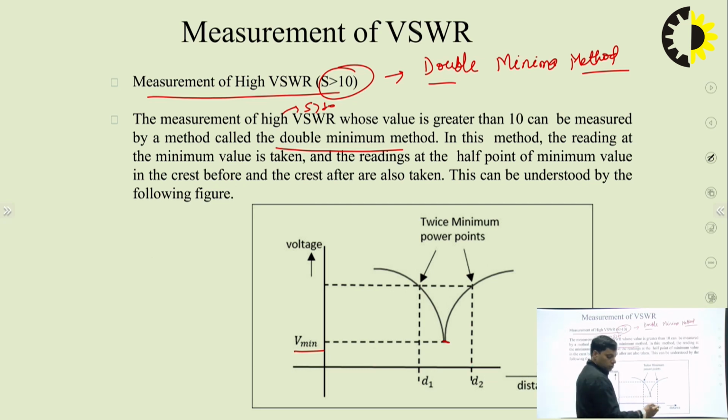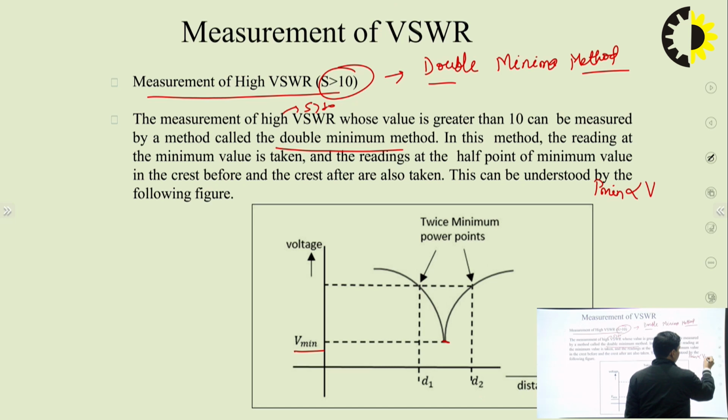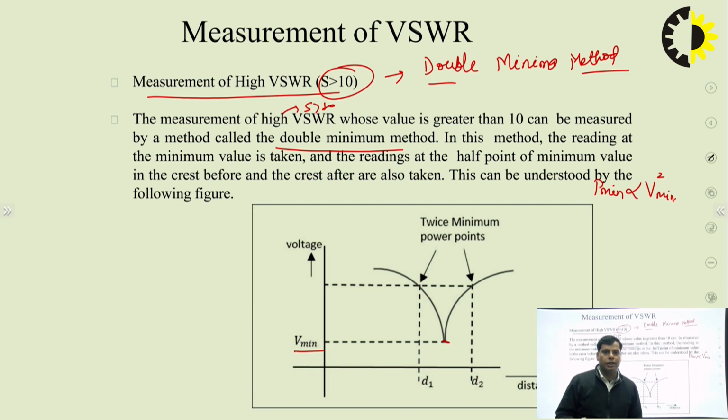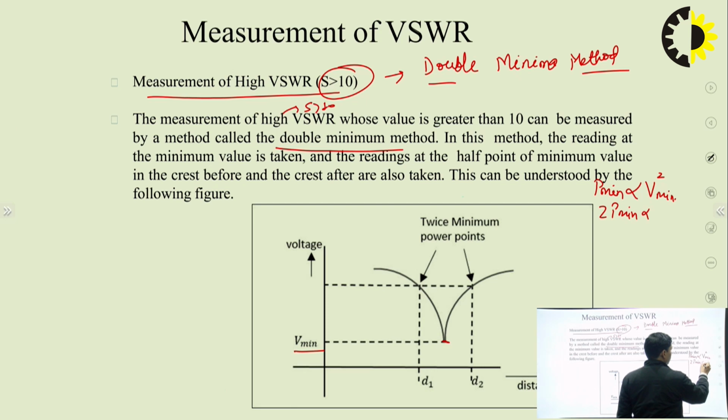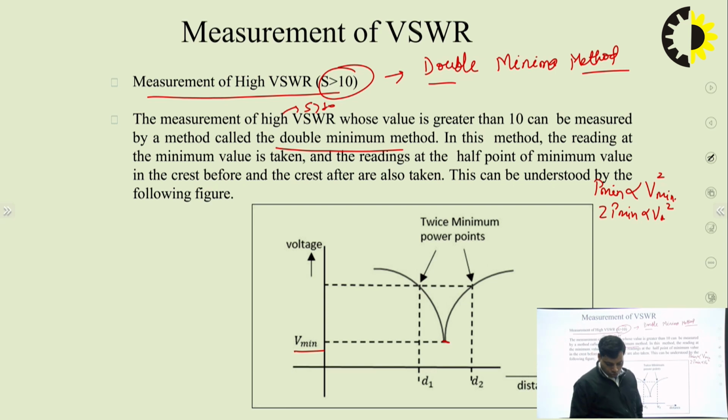This has the P minimum, which is related to V minimum squared. Then we move to the point which is twice this minimum power, so 2 P min is proportional to Vx squared, because this graph is between voltage and distance.